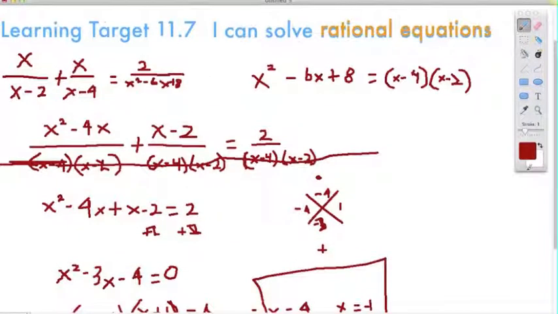A true statement is a statement when a equals a, b equals b, and so forth. A non-true statement, this is just a little review for some of you who might not know, is when c does not equal a.